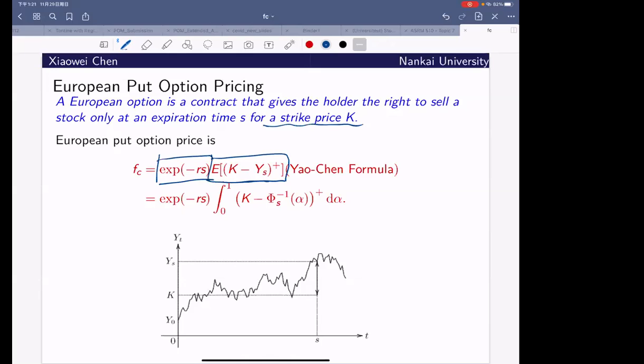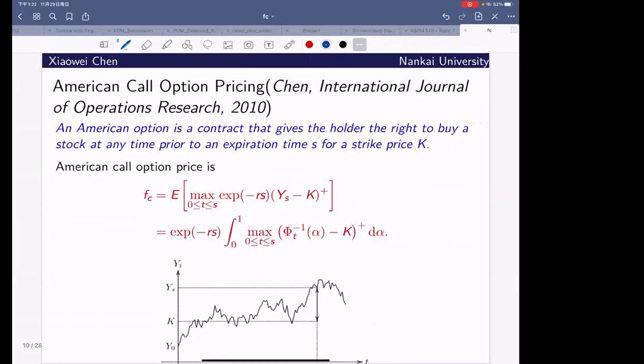This formula is decreasing with the underlying stock price Y. When Y goes up, the put option price goes down. So we can use the Xiaowei formula again to find the price formula, and it is very easy to get.